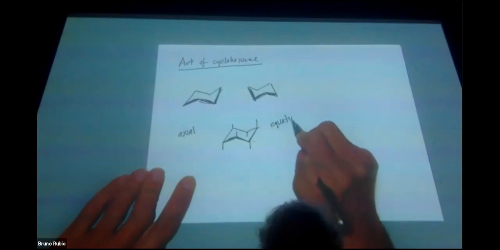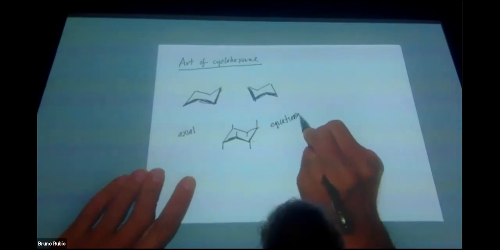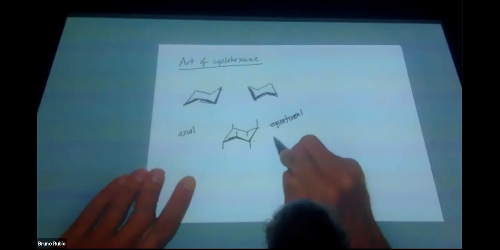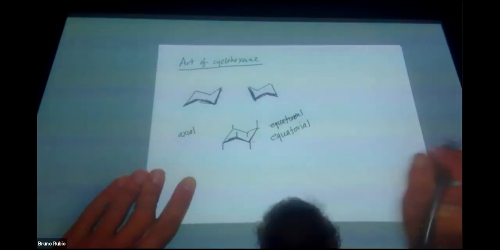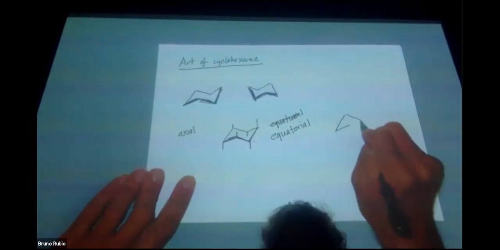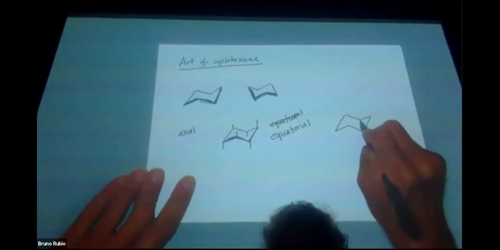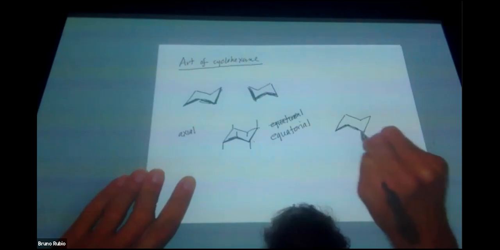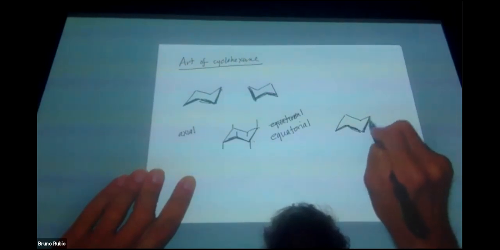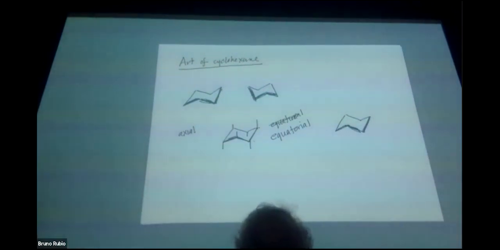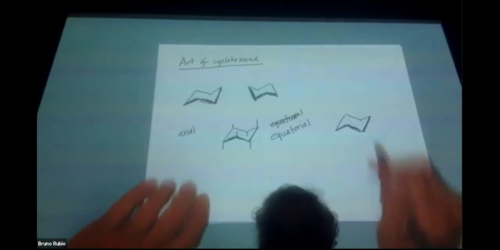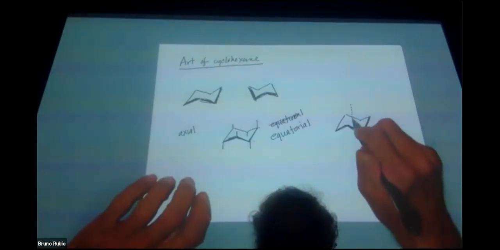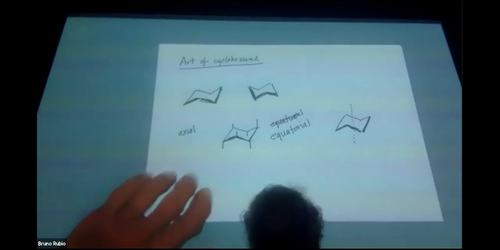The other kinds of bonds here are the equatorial. Equatorial positions. And these are harder to draw. There's my chair cyclohexane, right-handed version, fat bonds. And now in your imagination, divide the chair cyclohexane into the left-handed portion and the right-handed portion. So I'm just going to draw a light dotted line like this.